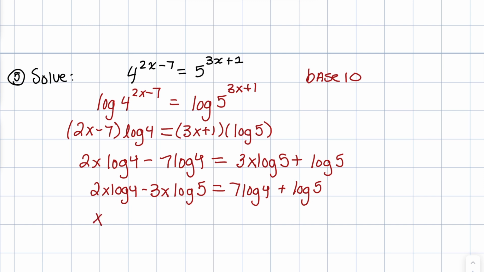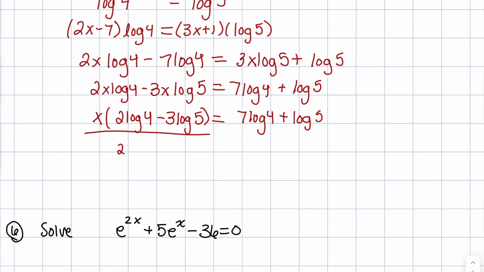I'm going to factor an x out, so I get x times 2 log 4 minus 3 log 5 equals 7 log 4 plus log 5. Now I'm going to divide by 2 log 4 minus 3 log 5 on both sides.